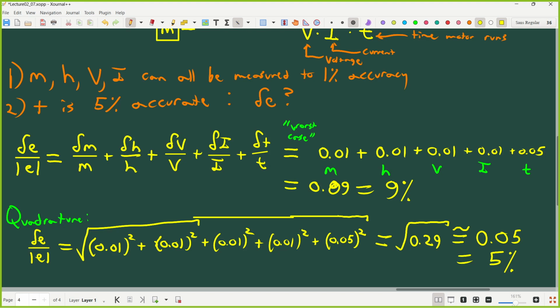Well, what's happening here is by assuming a linear addition, you're assuming that every value of each of your measurements is on the edge of the measurement range. So this is assuming that m is not actually at the value you measure, but it's actually at m plus delta m. It's on the edge somewhere.